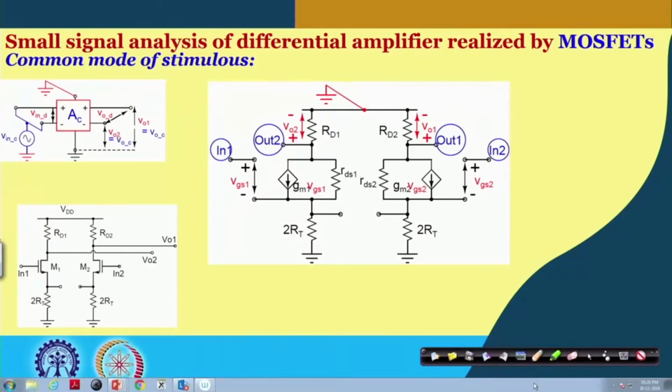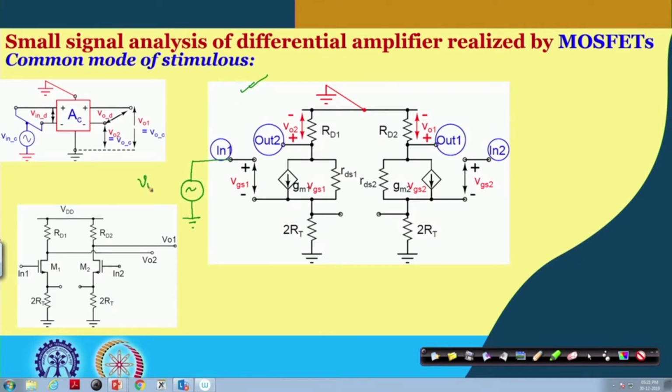So, we are talking about the common mode stimulus, and let us see what happens to the circuit when we stimulate the circuit with identical signal at the two inputs. Here we have the small signal equivalent circuit, and here we would like to feed the small signal.